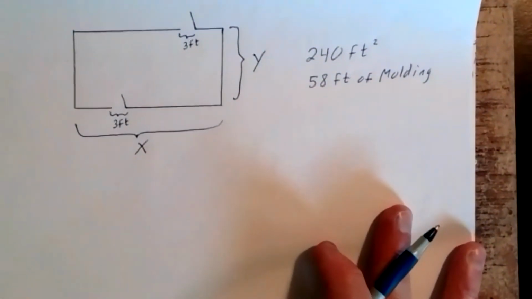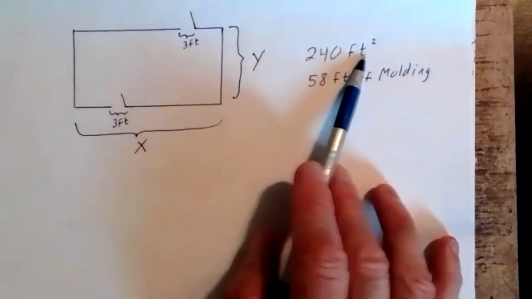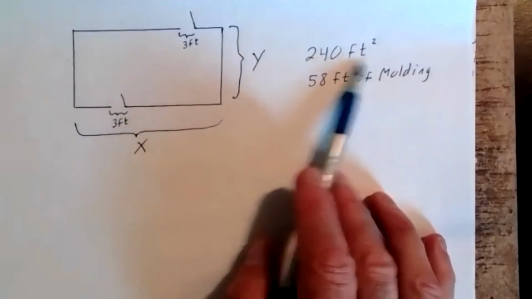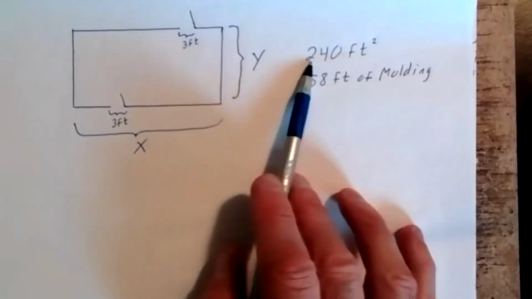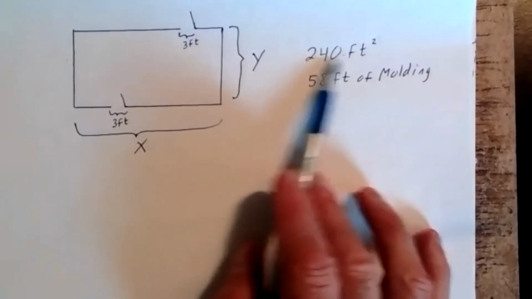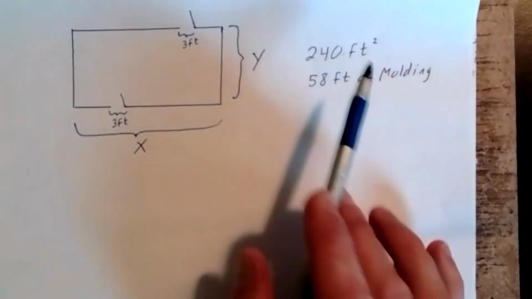All right. Now, as far as the 240 square feet, this constitutes what? Perimeter or area? Area.